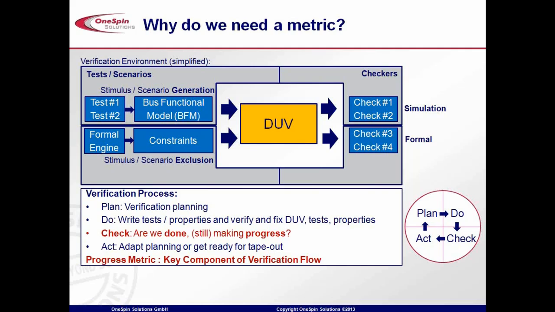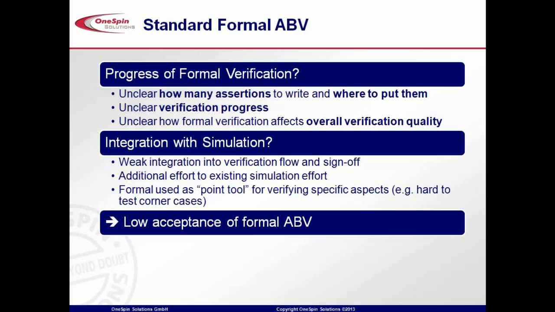For that, this progress metric is the key component which you run. Someone asked during this presentation, you can run it anytime. Okay, that was a live question actually, yes. The good thing is that you can run it as soon as you write your first assertion, to see what it covers. Any time in the verification process, you can just use it and run it.